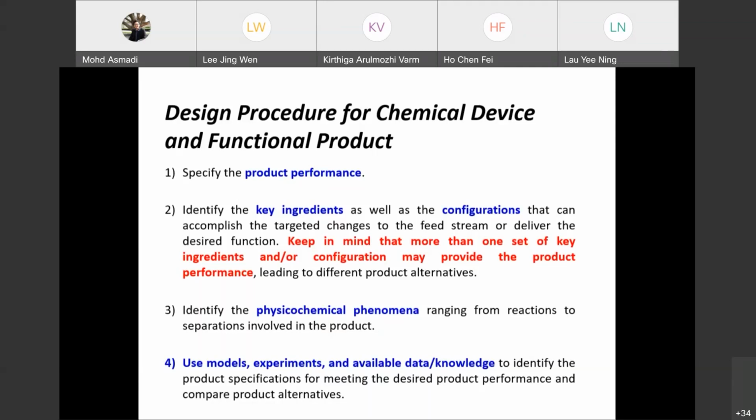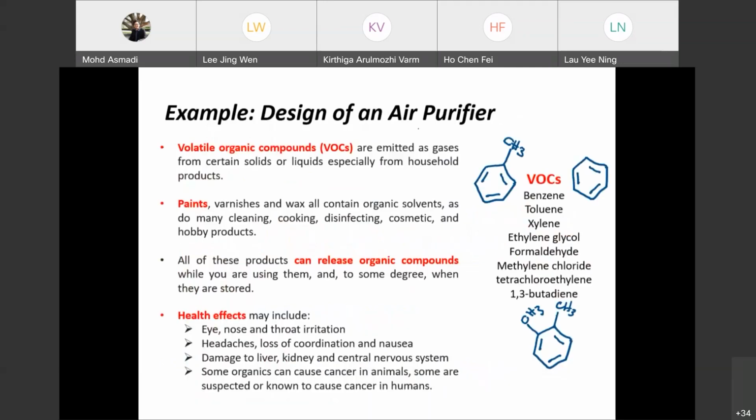For example, we want to design the air purifier, because volatile organic compounds are emitted as a gas or volatiles from certain solids or liquids, especially from household products. What is VOC? If you look at here, even paints have this kind of VOC. Benzene is very carcinogenic.